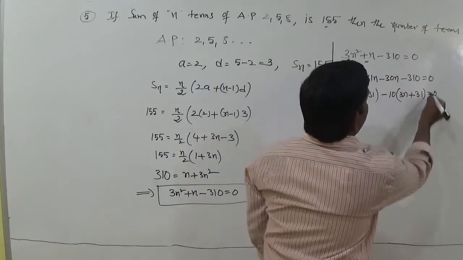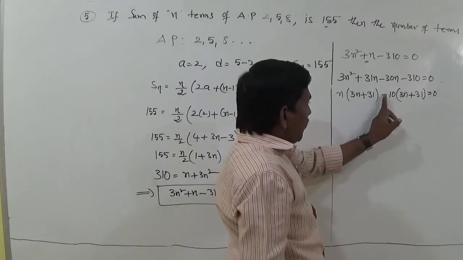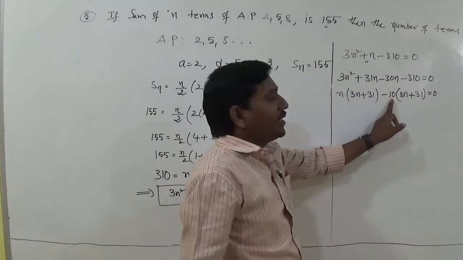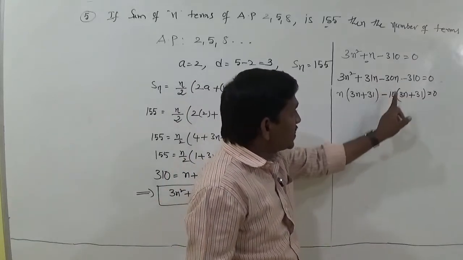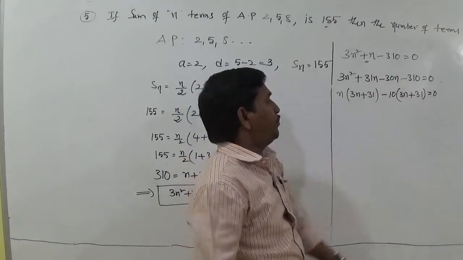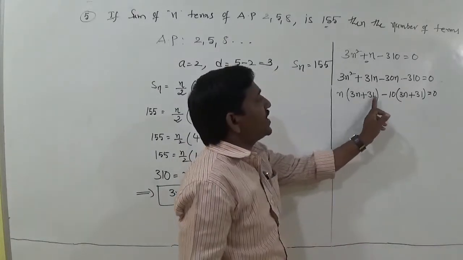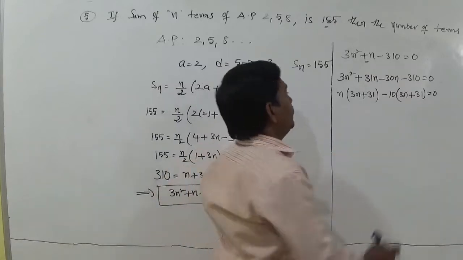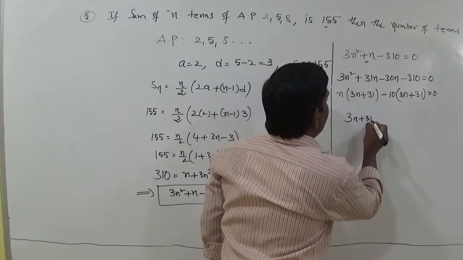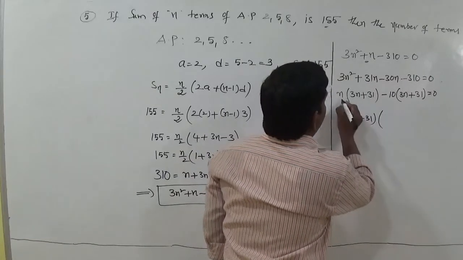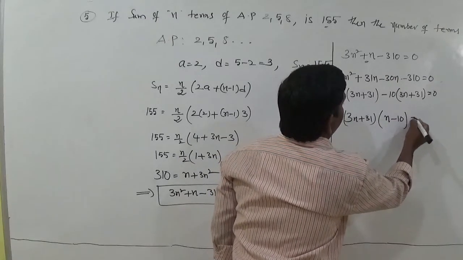Take out 3n plus 31 as common. Here n is the remaining one and here minus 10 is the remaining one.